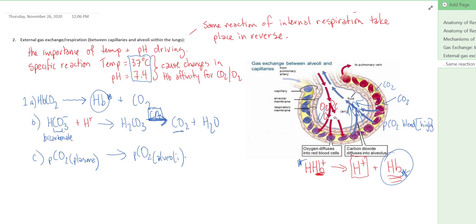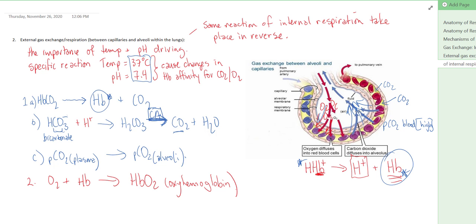We've just taken a big breath in, inhalation, and then oxygen diffuses, and we have O2 being picked up by free hemoglobin, producing what we call oxyhemoglobin, and being carried off to our tissues.